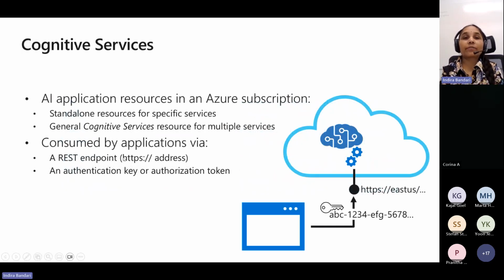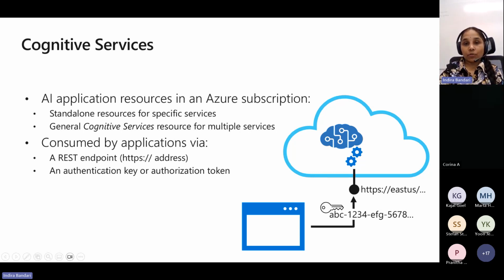So coming to cognitive services, this is an AI application resource in Azure. In it you can create cognitive services, which is a resource in your Azure subscription. So these are standalone resources for specific services under those four pillars that I have mentioned.